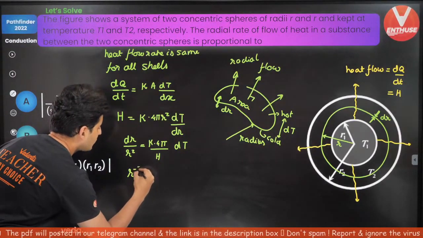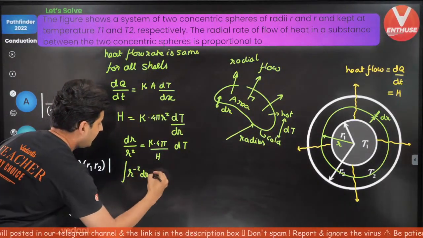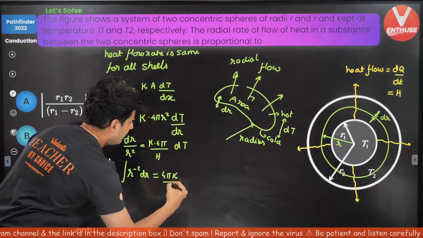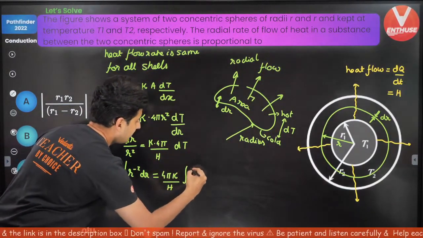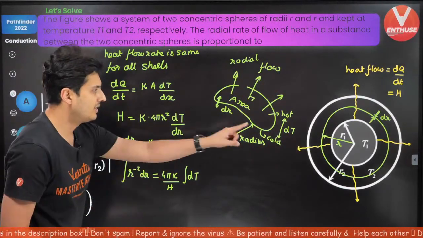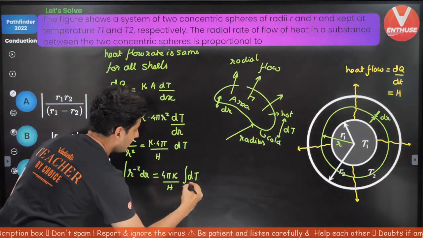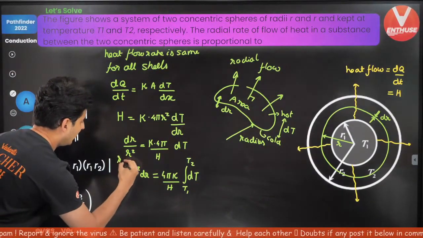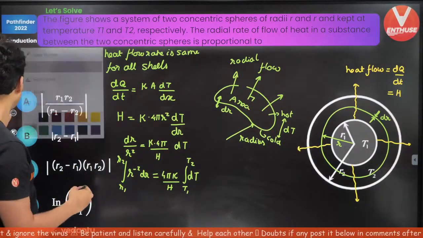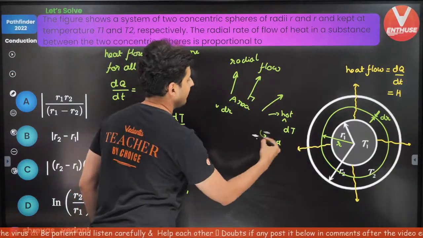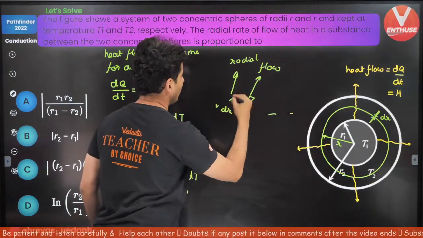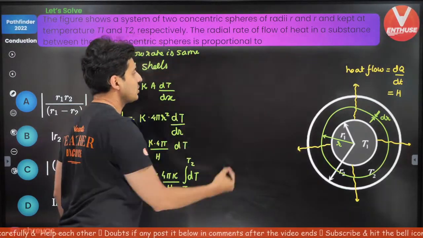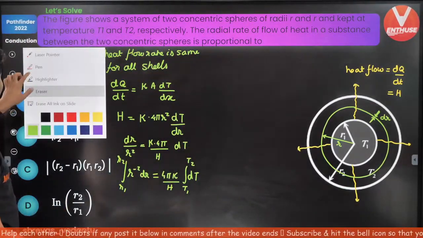So the integral of r raised to minus 2 dr is equal to 4 pi k divided by h times the integral of dt, with limits from temperature T1 to temperature T2. Here the limits are R1 to R2. I don't need many of these things over here, so I'm just going to get rid of this. All right, let's see what we get next. Try it out on the piece of paper which you have, rough work. Start doing it and see what you are getting.